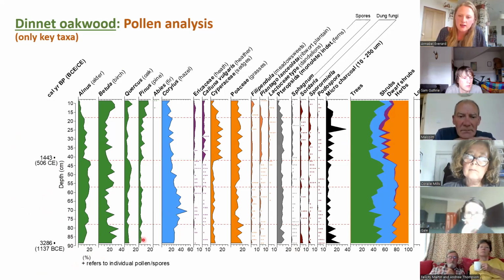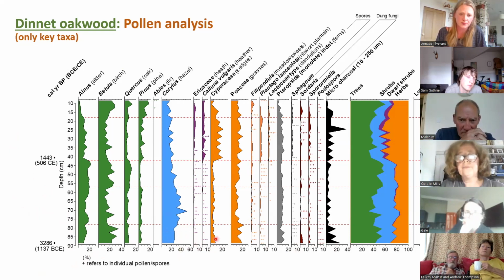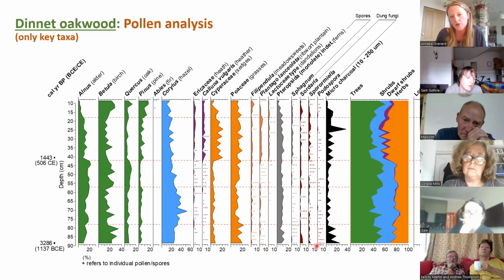All of these taxa have been split into different colored groups. So we have our tree species, our sub-canopy trees, our heathland species, our herbs in orange, and then we've got some ferns and sphagnum spores. The ones here in brown are the dung fungal spores, which are indicators of local herbivory. We've got charcoal, a sign of burning, and this is just a summary diagram, so it's combining all of these little groups.